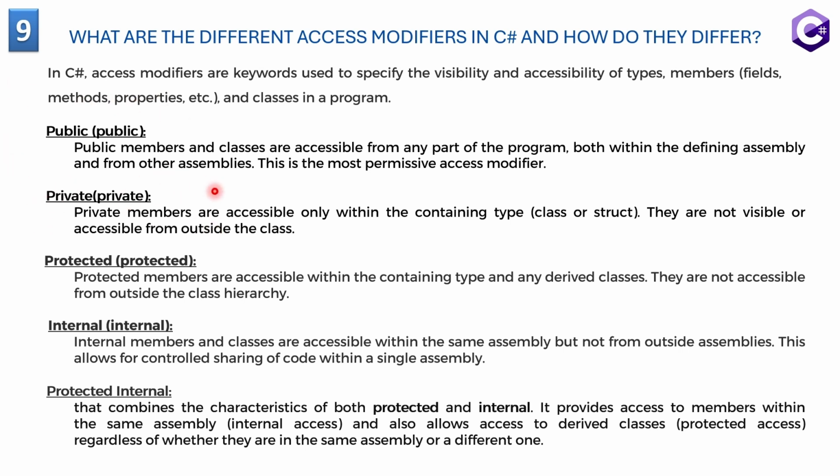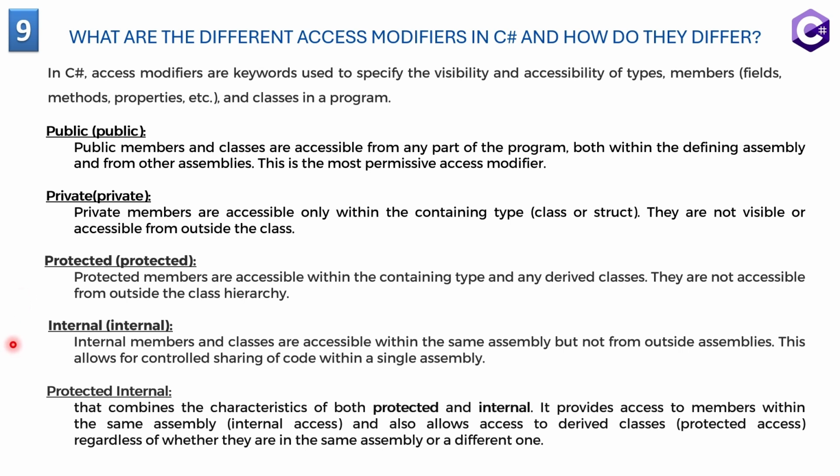When we come to private, private members are accessible only within the containing type, or class. They are not visible or accessible from outside the class. When we come to protected, protected members are accessible within the containing type and any derived classes. They are not accessible from outside the class.